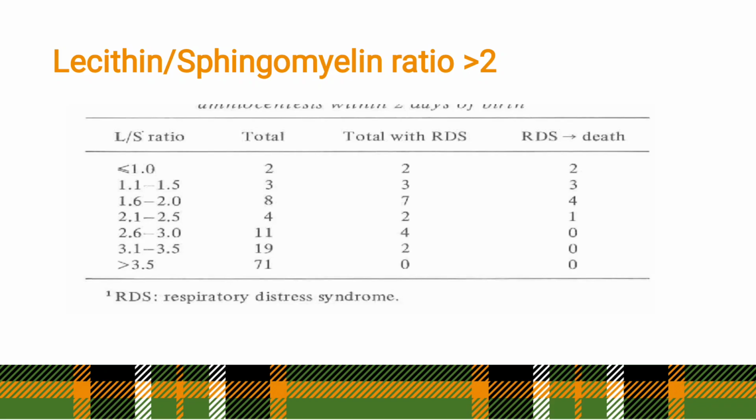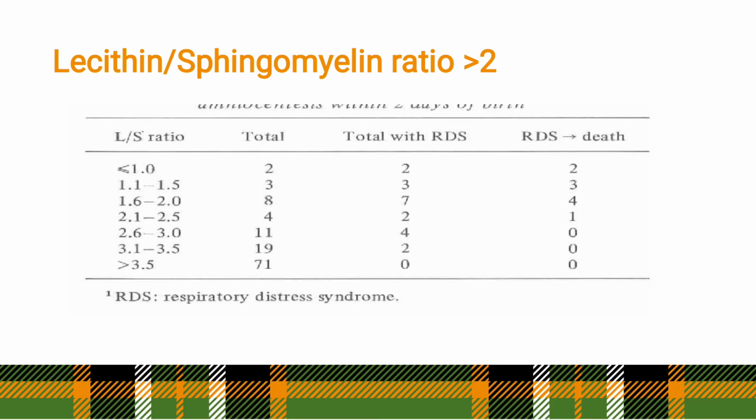From this figure you can see the death associated with RDS, respiratory distress syndrome. If the LS ratio is less than 1, it is 100%, but if it is 2.6 to 3, then the death is 0. Respiratory distress syndrome related deaths happen in immature lungs, and the lecithin sphingomyelin ratio should be more than or equal to 2.